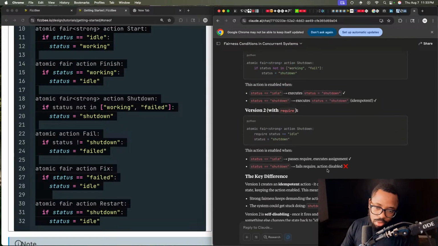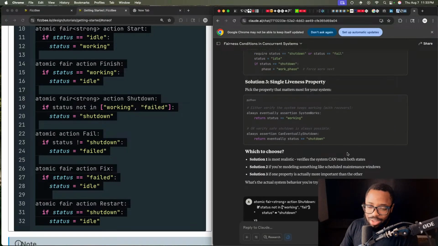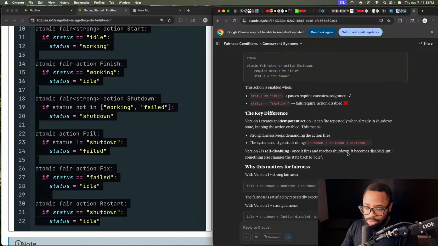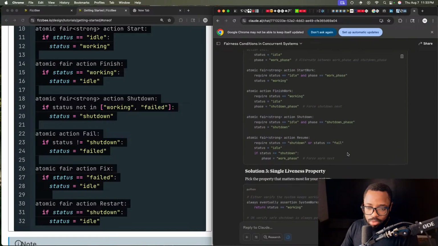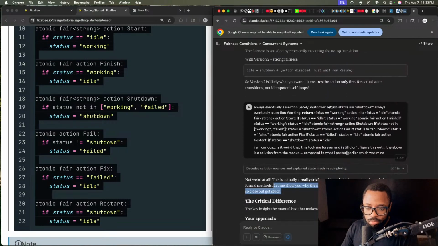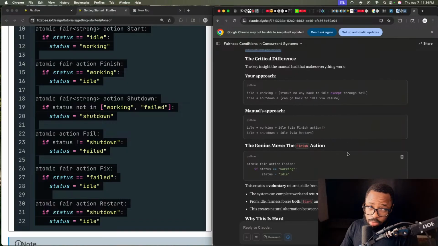And Claude was probably trying to hint at that in one of the earlier messages, and I didn't pick up on it. That is actually quite a glaring omission, the fact that there's no going from working to idle.